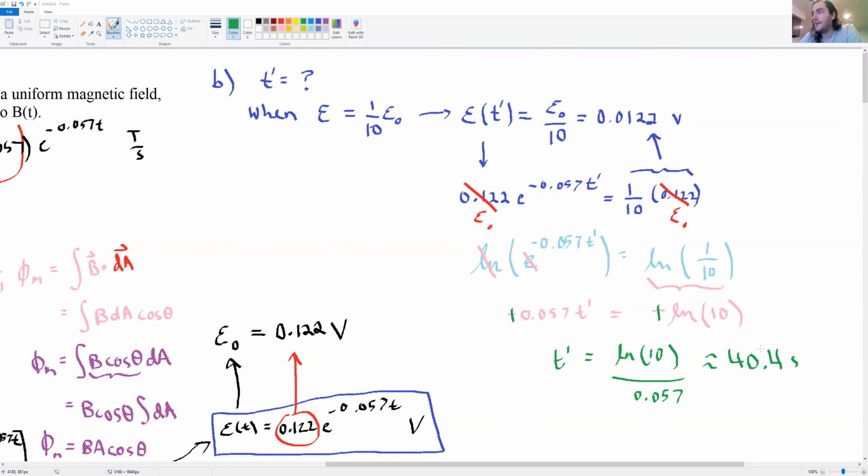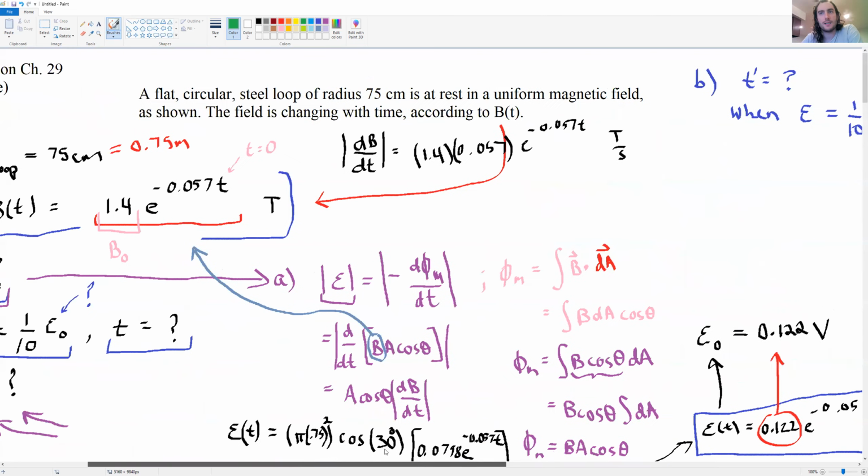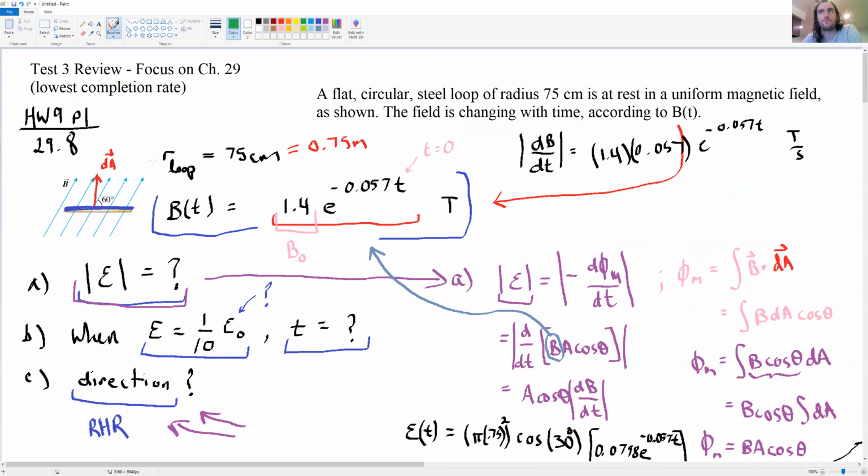So now that we've finished part B, which was to go after the time there, we now want to ask about the direction, right? So how do we figure out the direction? We established we're going to have to use the right-hand rule. This loop is on a horizontal plane.